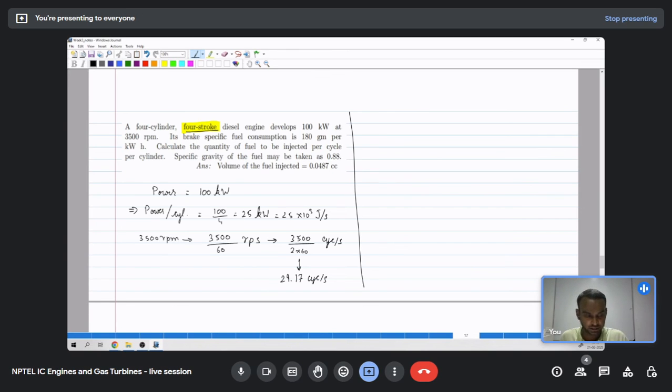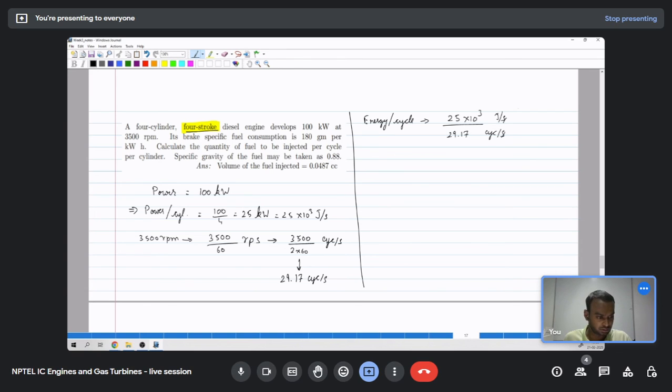Now we can calculate energy per cycle. That is, we are getting 25 into 10 power 3 joules per second, and there are 29.17 cycles per second.